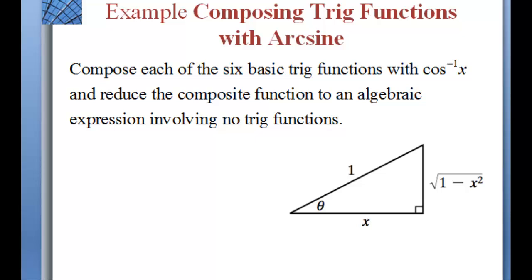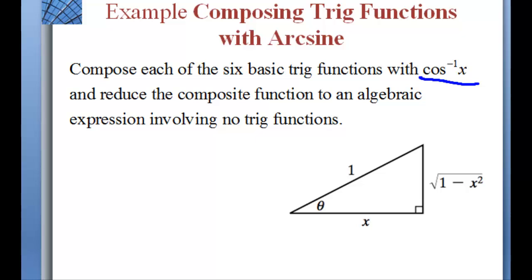Now we're going to compose some functions with the inverse cosine of x, and we're going to use each of the 6 functions. So what we mean by that is, if we have the inverse cosine of x, what we're asking is, which of these angles on this triangle has the cosine of x?